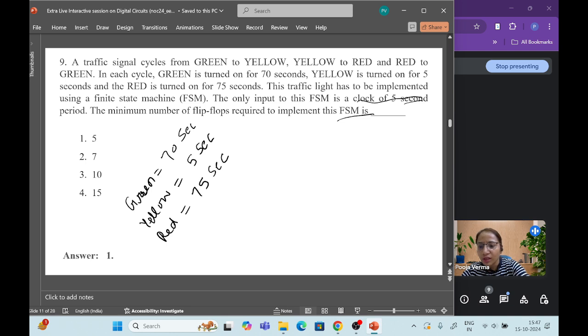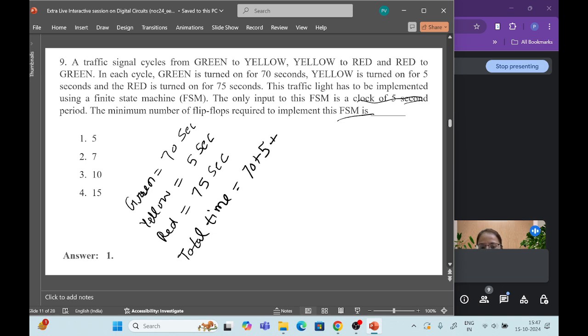So what will be the total time of green, yellow and red? The total time when green, yellow and red are on is 70 plus 5 plus 75. How much will it be?